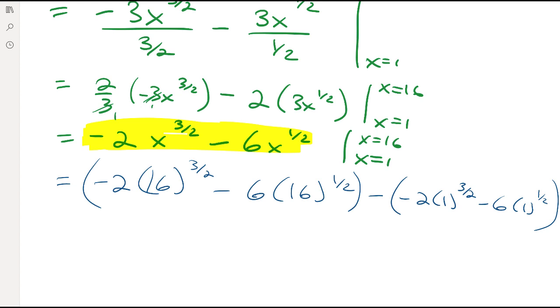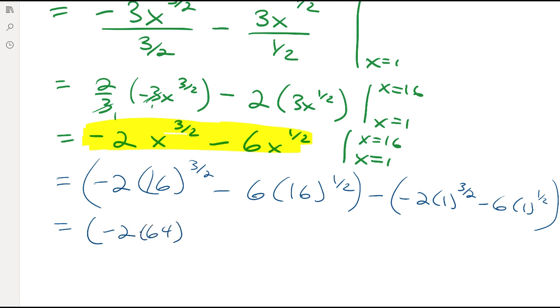All right. Okay, here we go. Once again, you can go to your calculator if you want to, but 16 to the 3/2. That denominator of 2 indicates we need to take the square root of 16. So the square root of 16 is 4. 4 to the 3rd power becomes 64. So it becomes a -2 times 64.